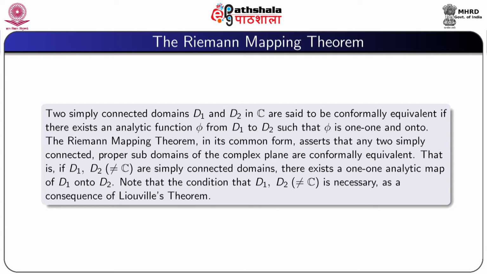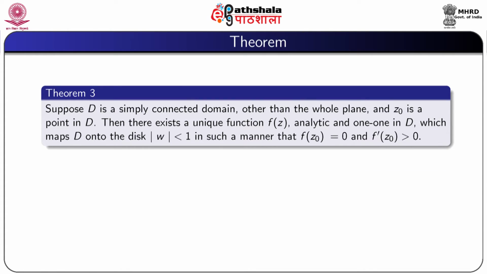Note that the condition that D1 and D2 are not equal to the whole complex plane C is necessary as a consequence of Liouville's theorem. So, now we state the theorem.